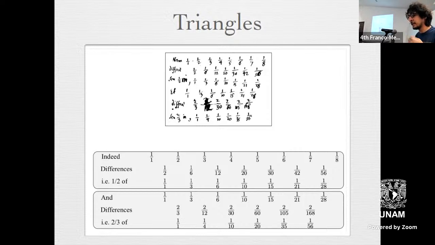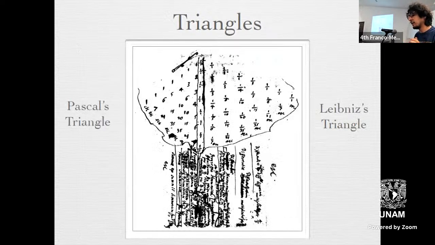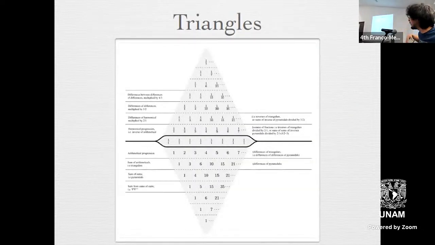So this other triangle, Leibniz called the Leibniz triangle, is his own triangle, and it is complementary for him to the triangle of Pascal. Okay, so you have a structure of two triangles of differences based on this progression of combinatorial numbers.